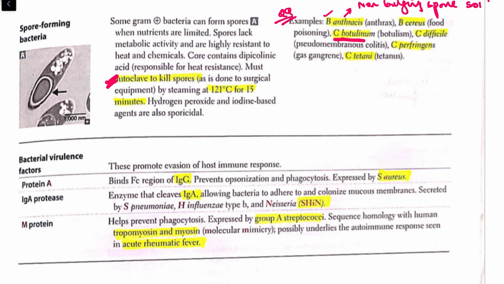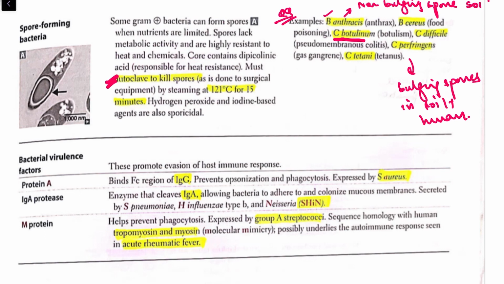Clostridium forms bulging spores, in soil as well as the human body. So what about Bacillus? Bacillus anthracis and Bacillus cereus. Anthracis causes anthrax and Bacillus cereus causes food poisoning. Clostridium is further of 4 types: botulinum, which causes botulism or floppy infant syndrome in babies; Clostridium difficile, that leads to pseudomembranous colitis; then Clostridium perfringens, which causes gas gangrene; and Clostridium tetani, that causes tetanus.